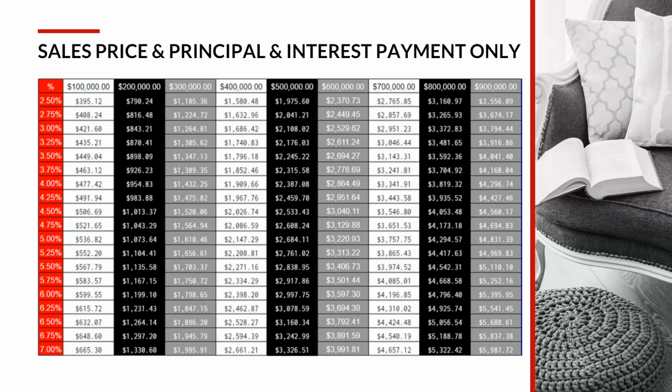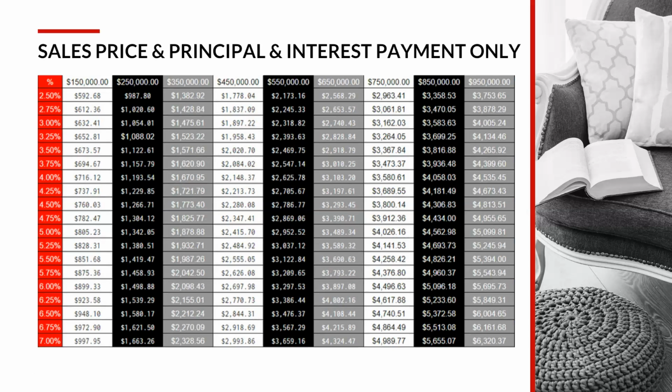And then you're looking at a sales price of 300,000. So you just hover over 5%, then go over to the 300,000, and your principal and interest payment only is $16.10 and 46 cents.